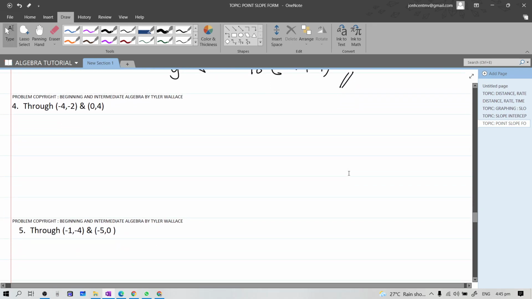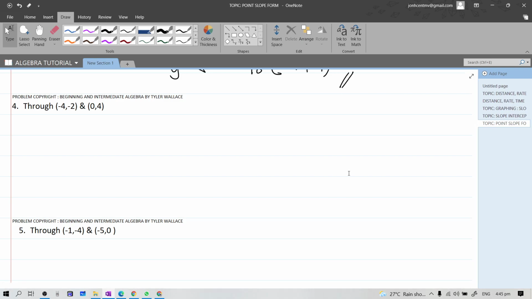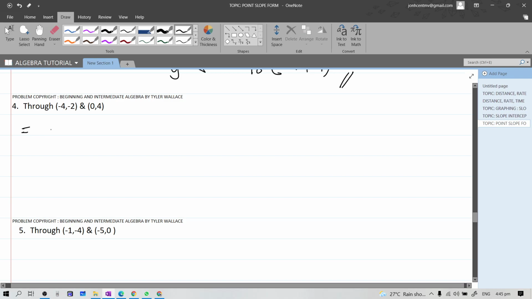Next, for the problem, negative 4, negative 2, 0, and 4. So, evaluate uli natin yung value agad. So, we have negative 4 minus negative 2, 0 minus negative 4. Okay, sorry. Hindi pala to 3 halves.